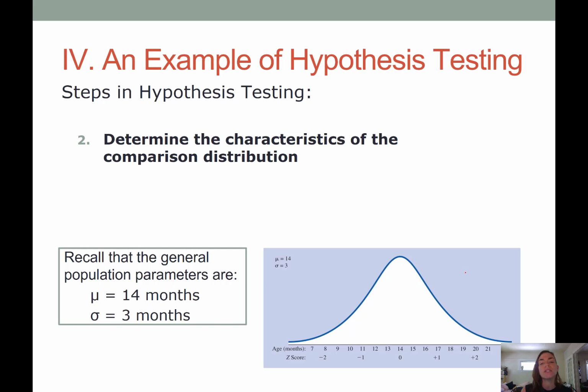So the comparison distribution has a mean equal to 14 months and a standard deviation of 3 months. That's the comparison distribution, or population 2, the distribution corresponding to population 2. So the characteristics of this distribution are mu of 14 and sigma of 3.